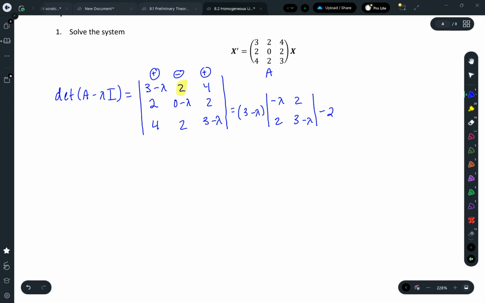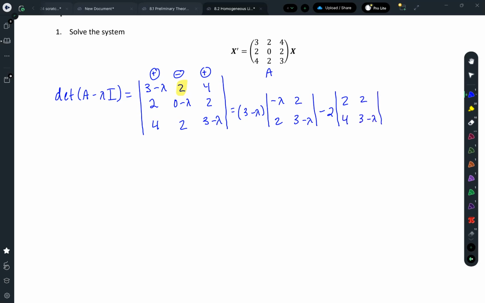And I imagine the row and column that it's in deleted, and I come up with my 2 by 2 determinant, which has 2, 2, 4, and 3 minus lambda in it. Then we move on to the next column with a 4. So I get plus 4 times the 2 by 2 that remains when we delete the column and row that 4 is in. So it's 2, minus lambda, 4, and 2.